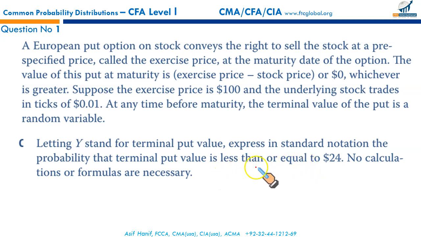So the probability of terminal put value being less than or equal to 24 could simply be put this way: probability of y less than or equal to 24. That's all. Or if you wish to give it in the cumulative distribution function format, it would be F(24). That's all.